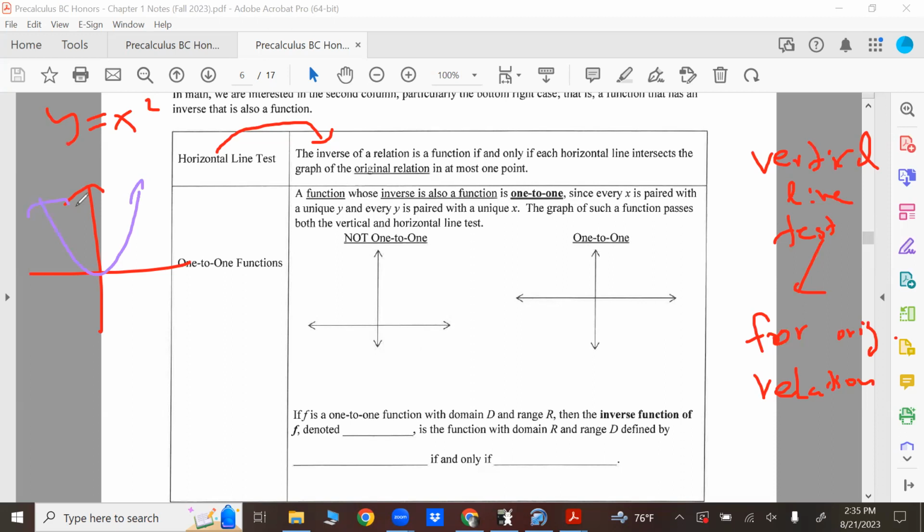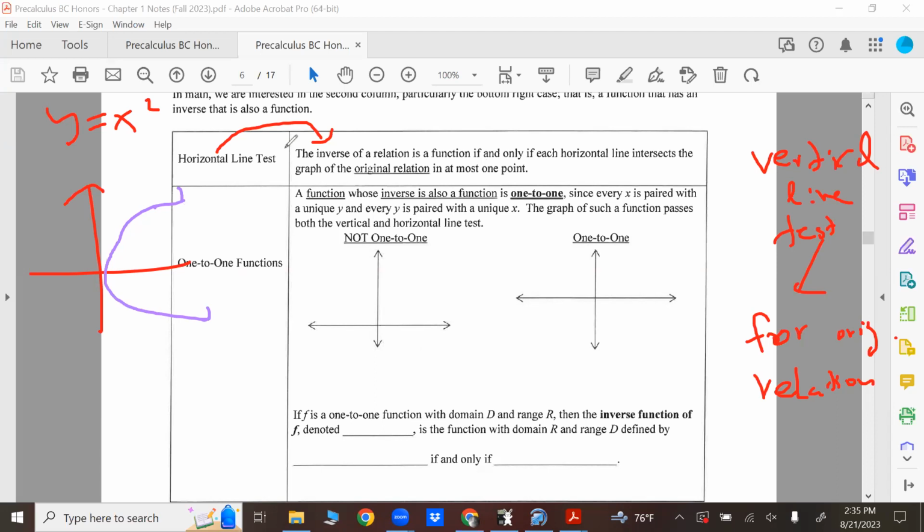It fails the horizontal line test. It's confusing, but you apply it to the original function. If the horizontal line test fails for the original function, the inverse won't be a function. But if it passes, then the inverse would be. Like, for example, a sideways parabola: that relationship clearly fails for the original, but for the inverse it would pass.